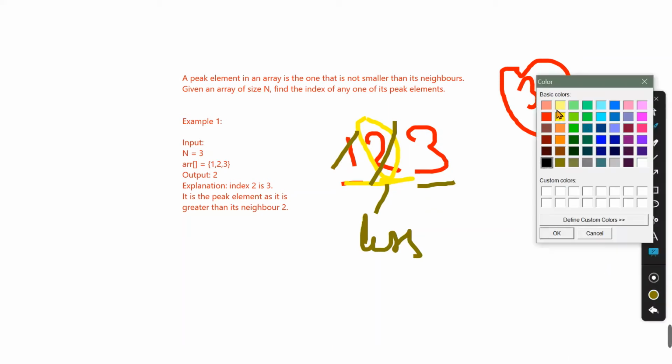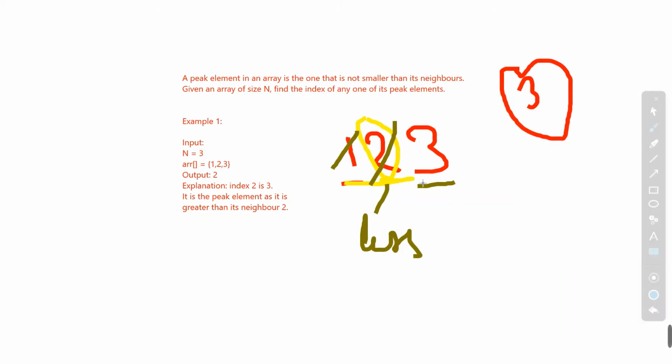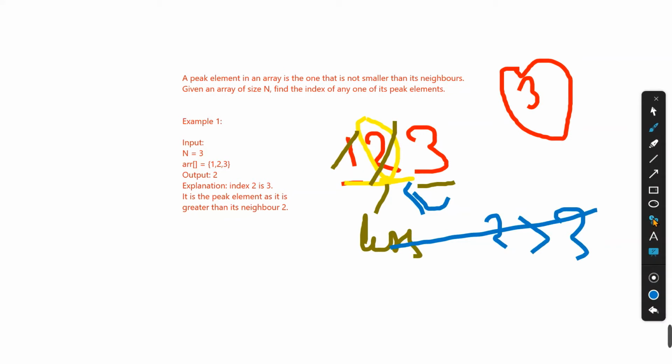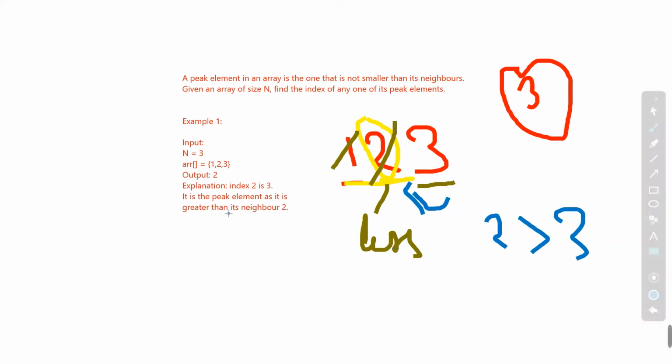Is 2 greater than 3? No, 2 is not greater than 3. So over here we find that 3 is the peak element of the array.